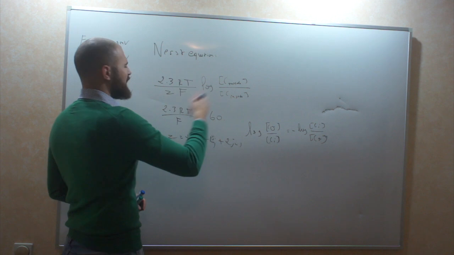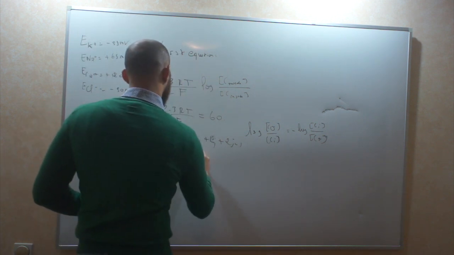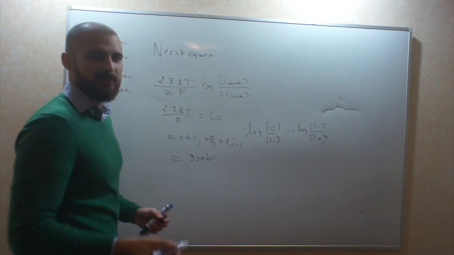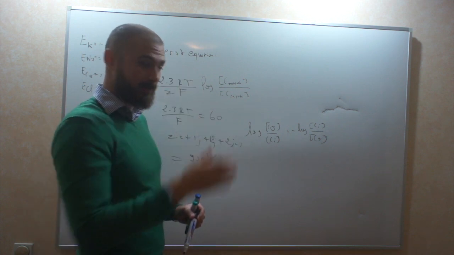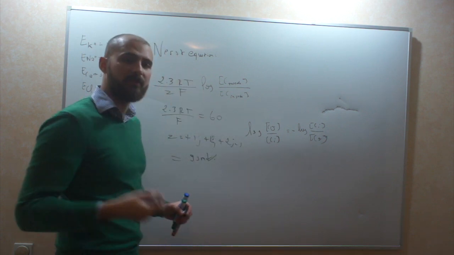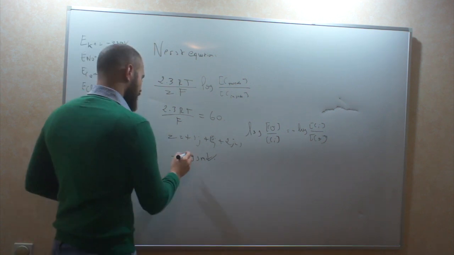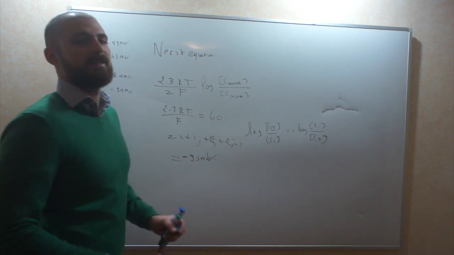You don't care about plus, minus. You can put minus or plus wherever you want. Imagine you get 95 millivolt. Well, if you get 95 millivolt, for example, you know that it goes from the inside to the outside. So it will be negative because positive charges are going out. So the equilibrium potential will be negative at the end.